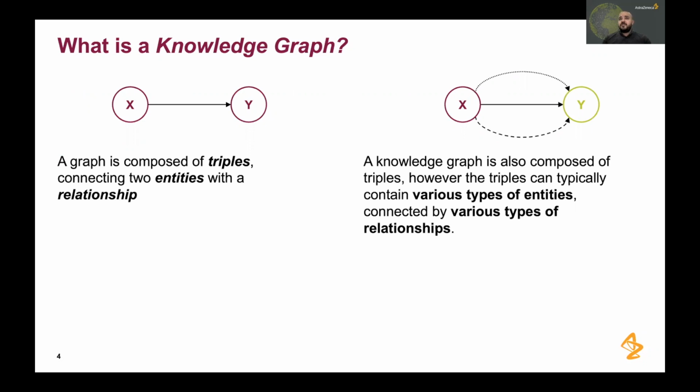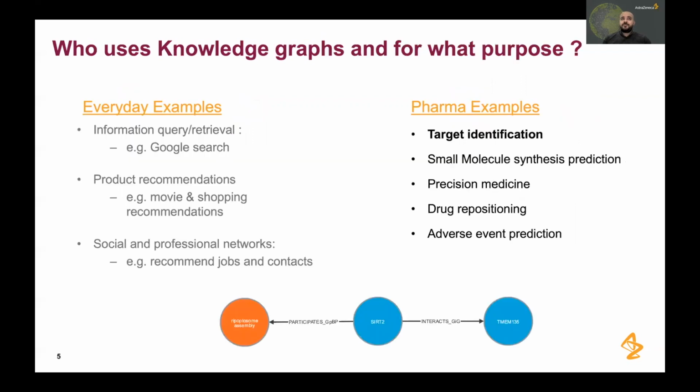A knowledge graph is a little bit of a special case where the nodes and relationships could be of various different types. And that's the primary differentiator. Now, you want to typically try and capture whole domain knowledge, and that could come up in many different settings. In fact, you interact with a knowledge graph pretty much every single day, I would wager.